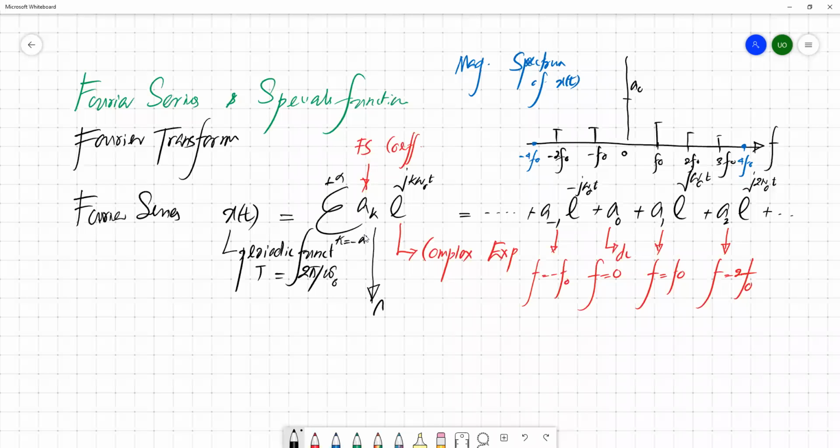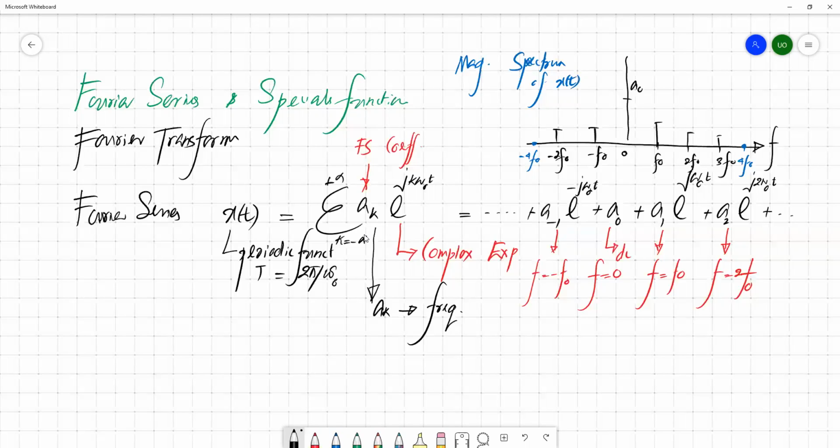So these A_k are in the frequency domain. I believe you can identify this: the Fourier series coefficients are the contribution of each and every frequency component. Once you draw the magnitude spectrum, we can identify those.